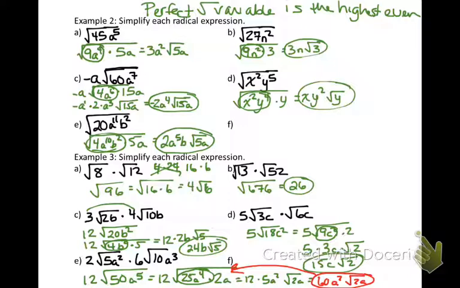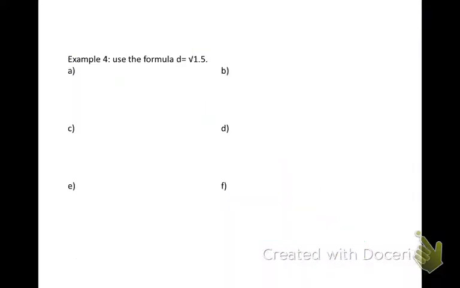Alright, let's try example 4. There isn't much to do on example 4. I need to put a little bit more information on here. 1.5h. And then for A I'm going to have h equal 500 and for B h equal 25.